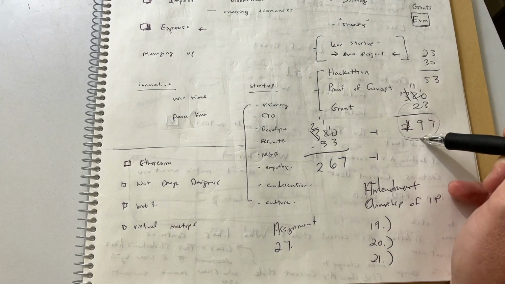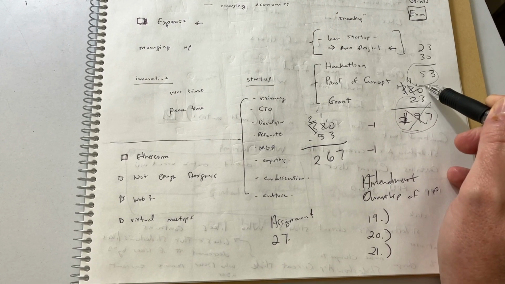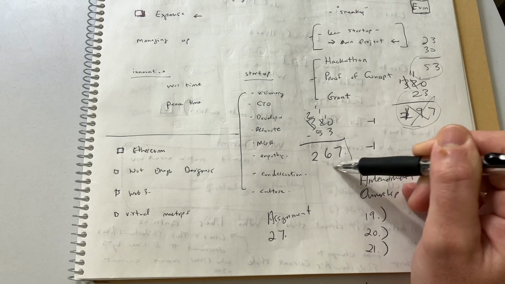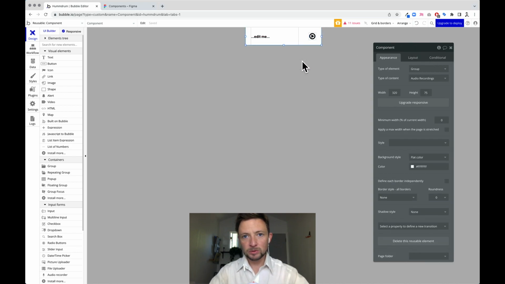And so that gives us 200 and, or does it? Let's see. It actually gives us 197. No, that doesn't make any sense. What's my math here? I wanted it to, oh, because I have to compensate. So we have to do 23 plus 30, which is 53. So 320 minus 53. So that's 267. So let me see if I can get that right. Ah, here we go. All right, so that's about the same styling.